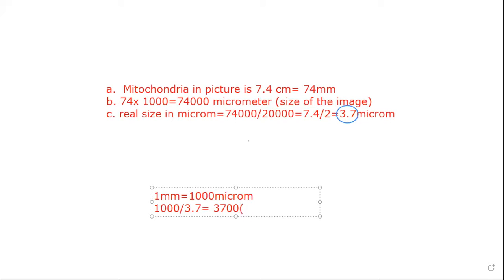Okay. So in my calculator, let me divide 1000 by 3.7. My calculator is showing the answer 270. Why is it showing 270? 100 divided by 3.7, the point will go up.